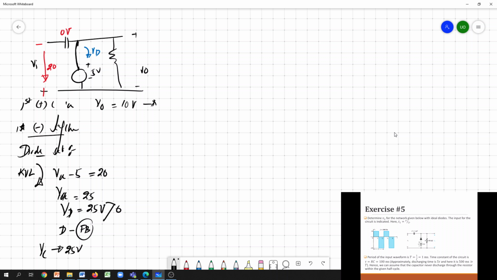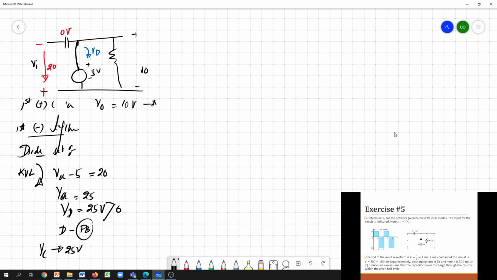So we don't need to consider this RC circuit, because we know that through this resistive part, this 100 kilo ohm part, this capacitor never charged. So we can simply ignore that particular circuit and focus on this diode circuit, because this RC circuit doesn't affect the charging or discharging process of the capacitor. So the only electronic element which we need to focus on is this diode. So through the diode only this capacitor gets charged or discharged.